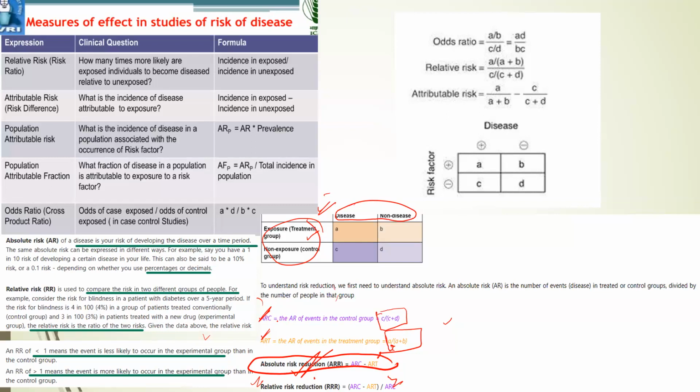So is it clear about absolute risk reduction, ARR calculation? Any doubts? Come on, if you have any doubt, you can ask me.